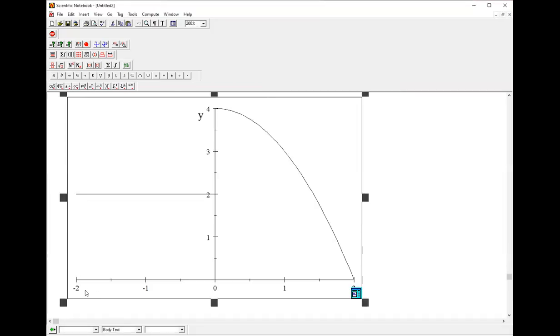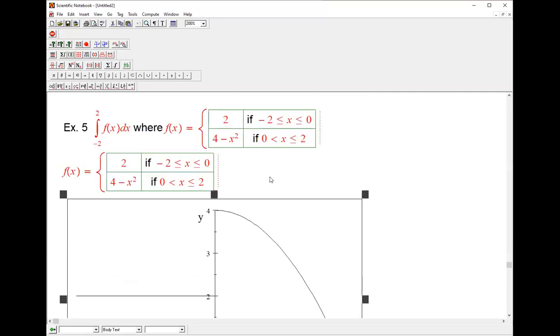The area is from -2 to +2, so the area underneath the curve. On this part we have a rectangle. On this piece we have a curve. We want to find the area underneath the curve, but we have two pieces. So how do we find the area, and how do we express it properly?